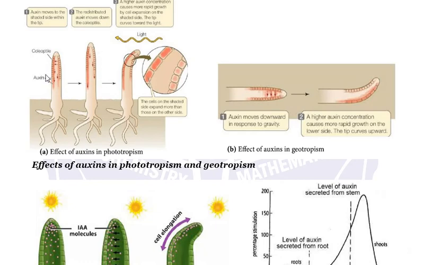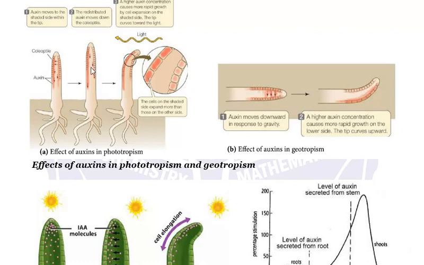Kwa unachokiona ni kwamba in the absence of light, auxins are produced at the coleoptile tip and they are distributed downward, kama tulivyosema kule mwanzoni. Now as we said, auxins tend to stimulate cell elongation.